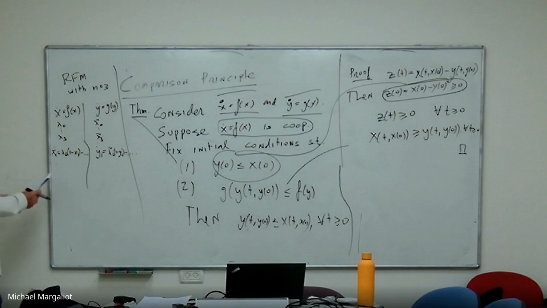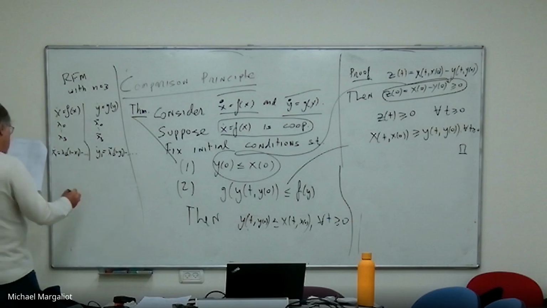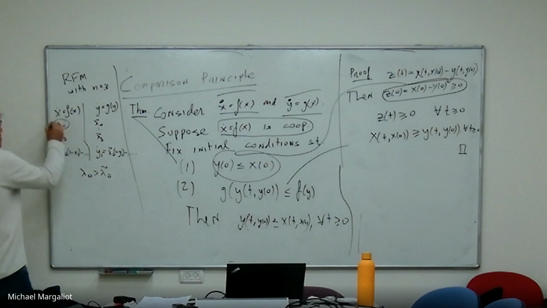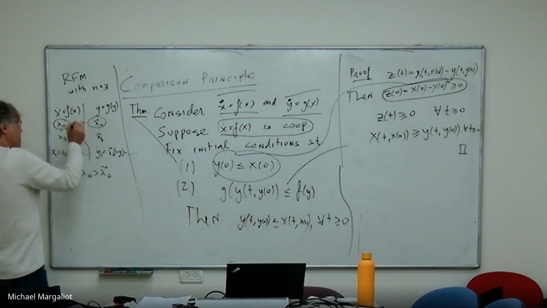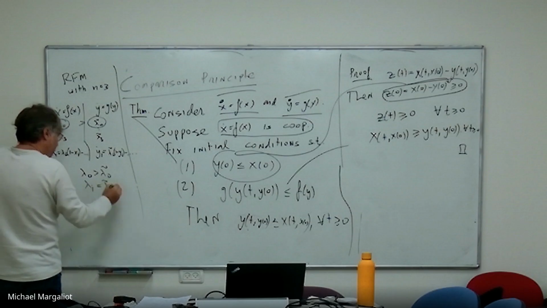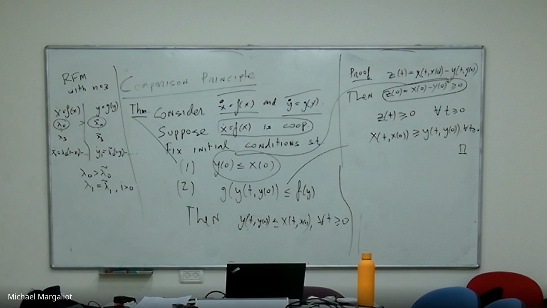And now, again, for simplicity, let's assume that lambda 0 is larger than lambda 0 bar, so the initiation rate here is larger than here, and the other rates are equal. So we have two RFMs, one with a larger initiation rate, lambda 0, and all the other rates are the same.